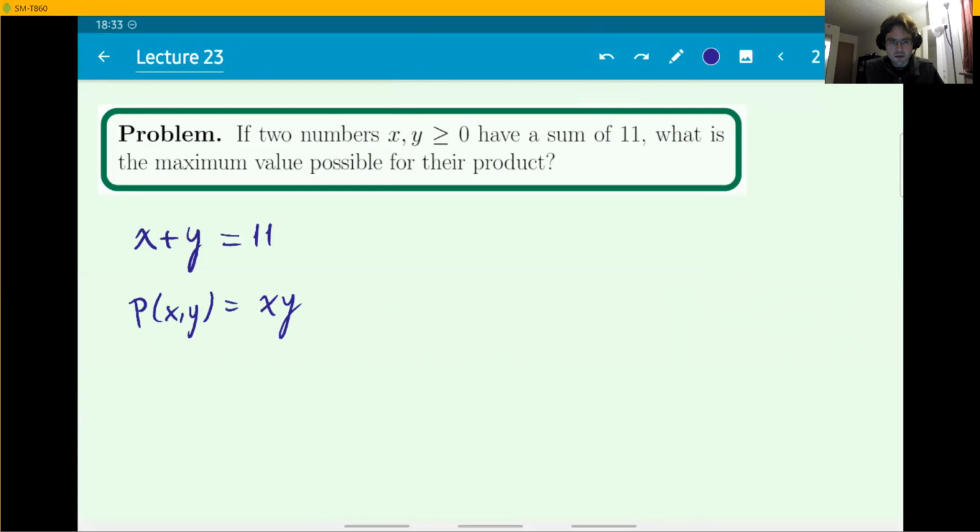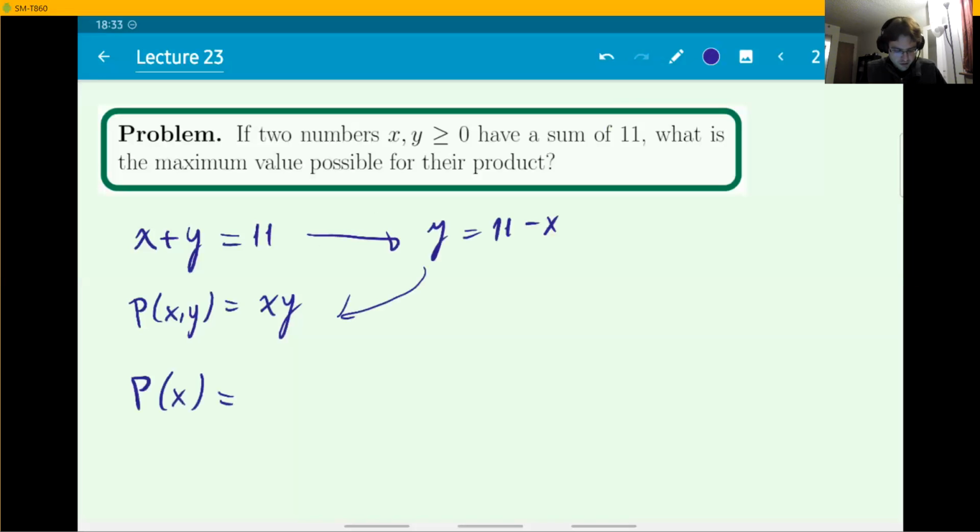Well, what do we have to do? Calc 1 is about functions of one variable, but this is a function of two variables. We're going to need to rewrite this as a function of one variable only. And we have it right here because this constraint equation gives us y in terms of x. You can solve for y here: y equals 11 minus x. And then plug that back into the product function. I'm going to be using some slight abuse of notation here.